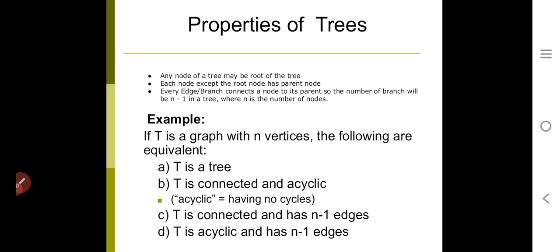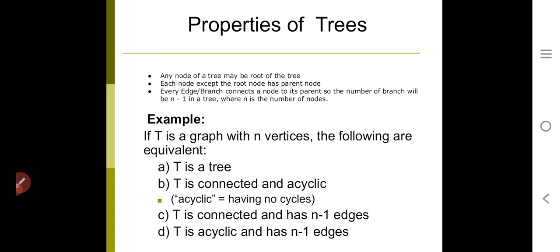That means every vertex in a tree has a parent vertex. Then the last point: every edge or every branch of a tree is connected to another vertex. That means it is a parent or it is a branch of that tree.